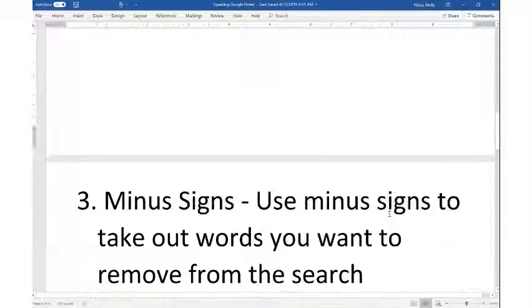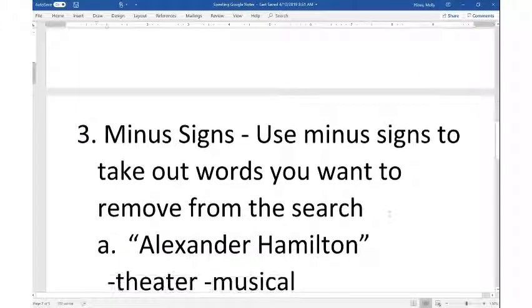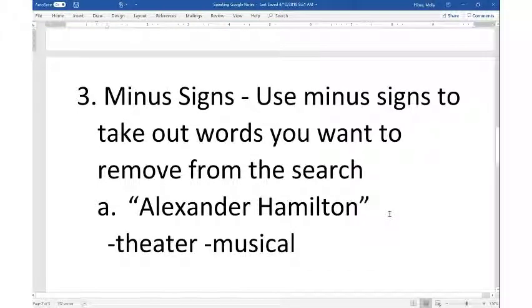Something else that you can do is you can use minus signs. Minus signs take out words you don't want in the search. So right now, there's a musical about Alexander Hamilton on Broadway called Hamilton. And when you search for Alexander Hamilton, you're going to get a lot of results that have to do with that musical.